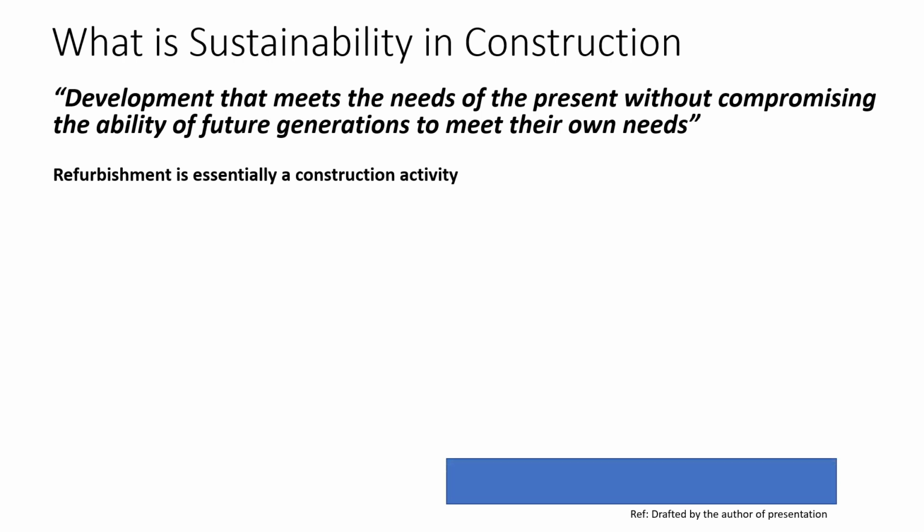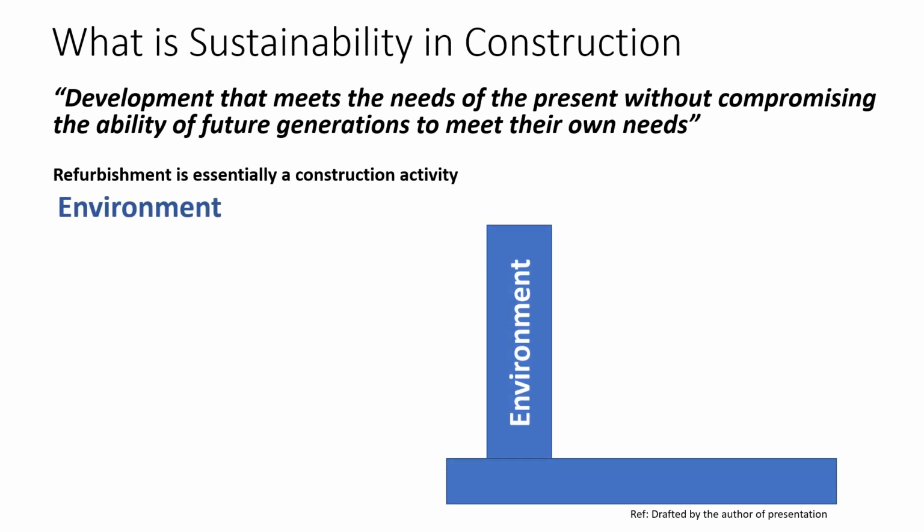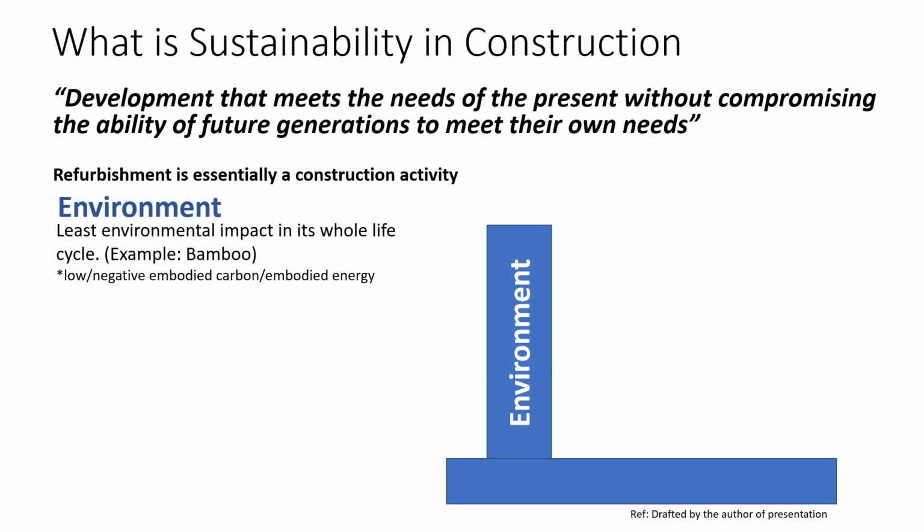Now, we generally do refurbishment, or we do new construction as well. The first pillar of sustainability that we should think about is environment. Any sustainable structure should have the least impact on the environment during its whole life cycle.